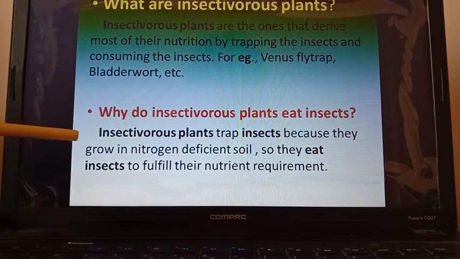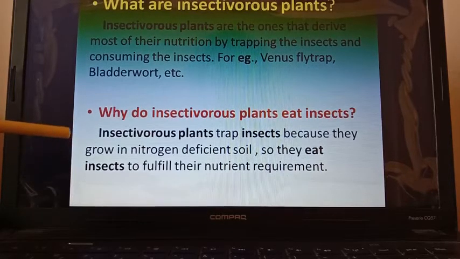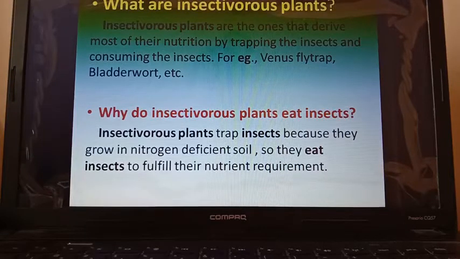So they eat insects to fulfill their nutrient requirement, especially nitrogen, as nitrogen is an essential component for protein formation and is required for plant growth.